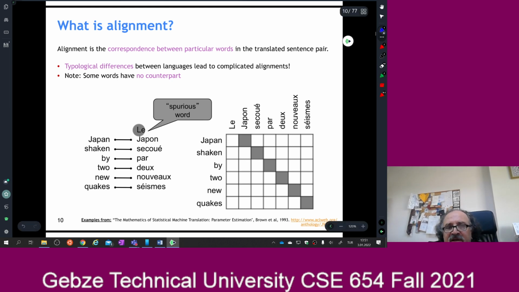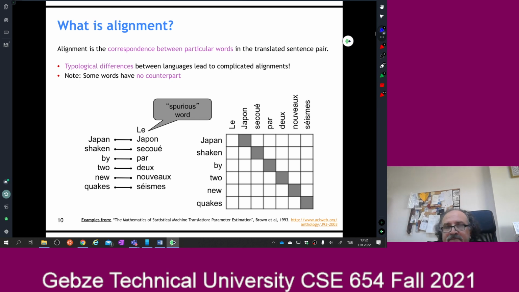So it looks like the French people put this article at the beginning of the country names. In English they don't. So it is just missing. So there is no alignment. There is no corresponding word for the other one. It is just null. And the same thing happens between Turkish and English too, because in Turkish we don't have the articles.